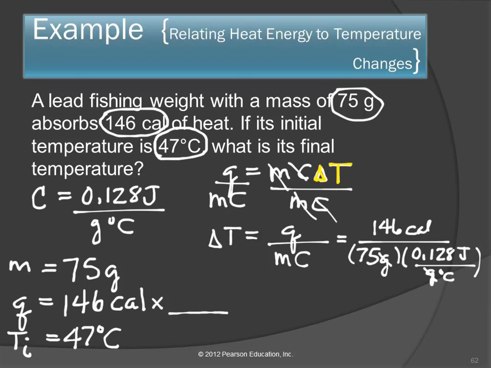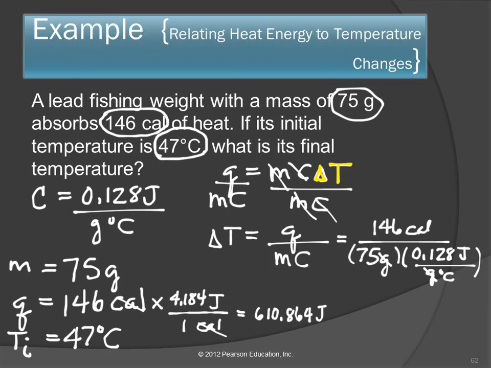So we're going to divide by calories and multiply by joules, so the calories will cancel out. The relationship is 4.184 joules for every 1 calorie. So that's 146 times 4.184. That is 610.864 joules. That's not a final answer, so I'm not going to round it off there.